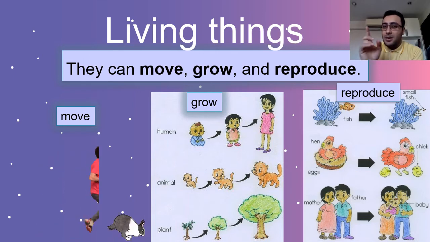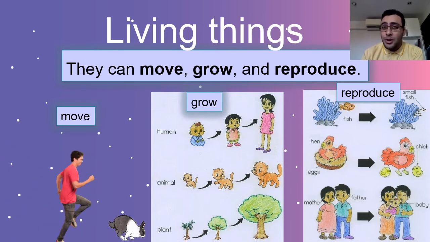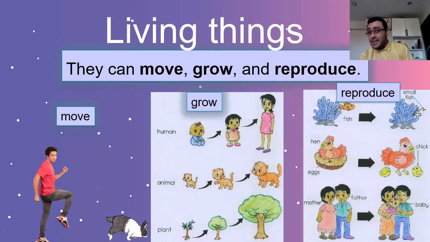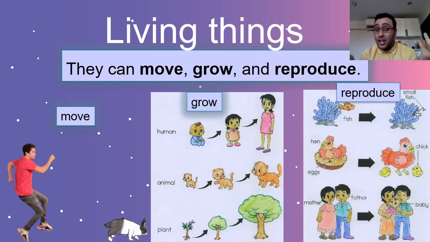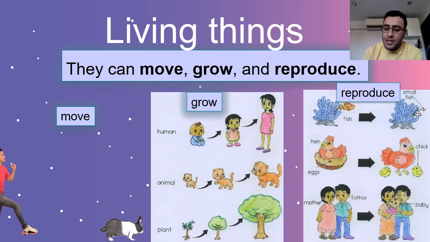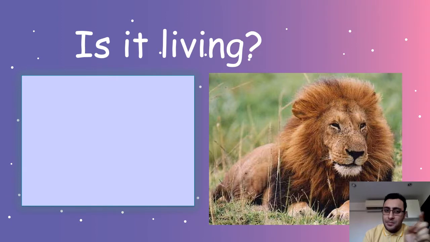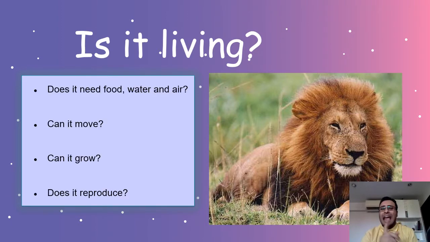Okay, now, when you want to know if something is a living thing or non-living thing, you have to ask yourself some questions. So, answer these questions. We see a lion. Let's say I don't know. Lion, is it a living thing or non-living thing? I don't know, okay? Let's say teacher doesn't know. Easy. You have to ask questions.